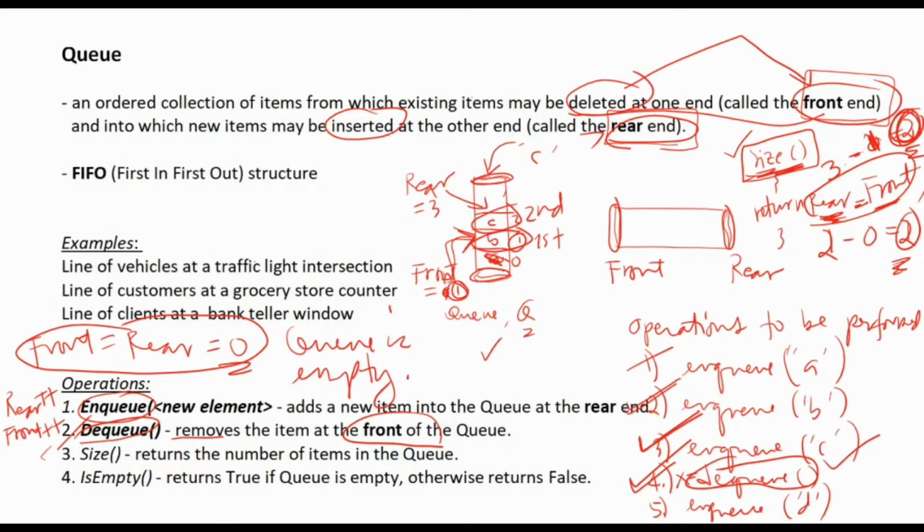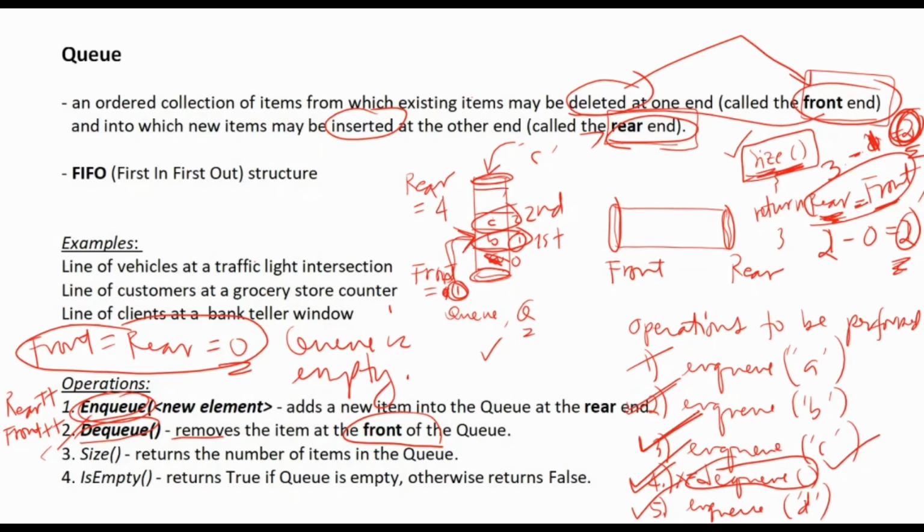And then, when we perform the fifth operation, and that is to enqueue letter D, or insert letter D. When you enqueue, you increment the rear end. So this is now equal to, from 3, it now becomes 4.